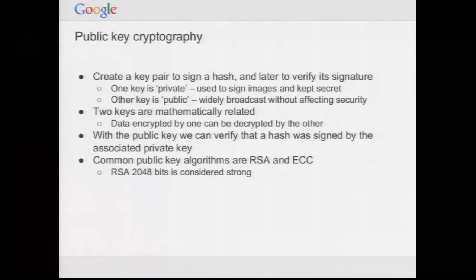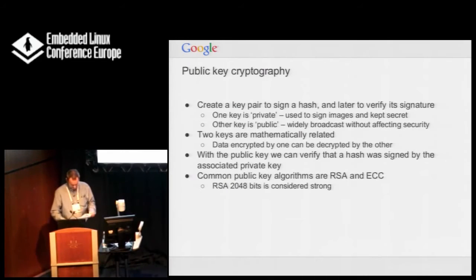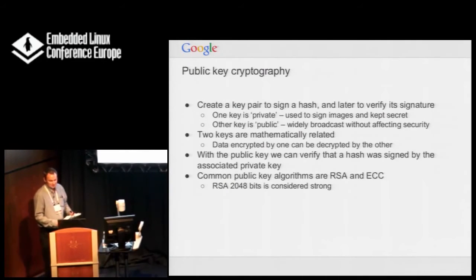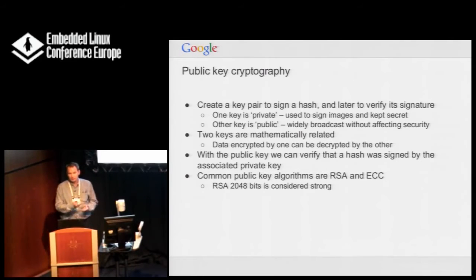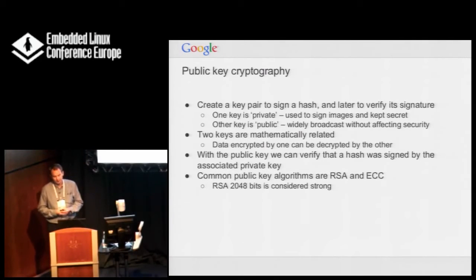And how many of you know about public key cryptography? Great. Okay, excellent. So I can be very brief there as well. In brief, we have two keys that are mathematically related. If we sign with one, we can verify with the other. And we use this technology to allow us to sign any image we want, get it out there, knowing that the device will only boot images that we sign.